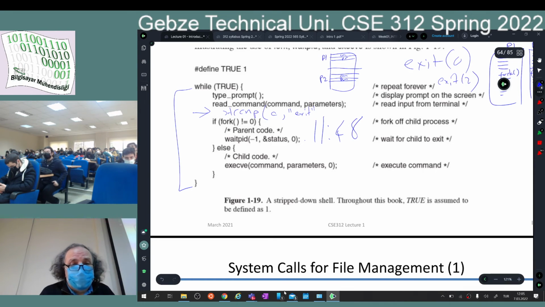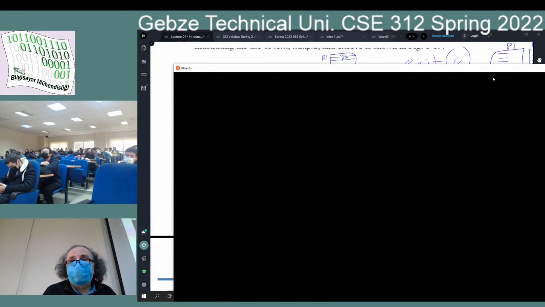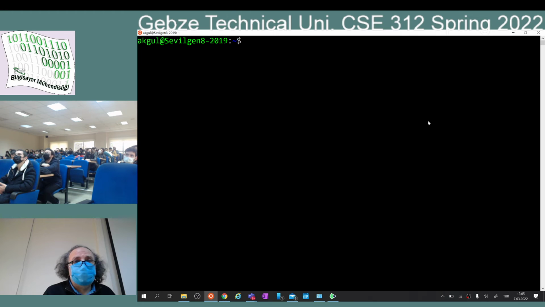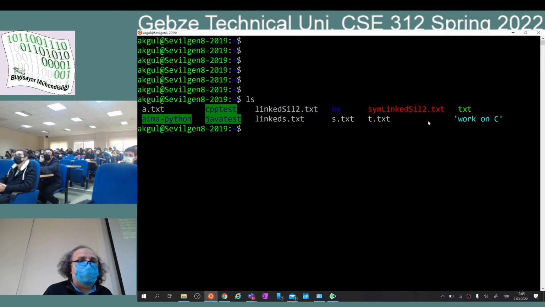You could say, for example, with the bash script, it is as simple as calling this. I can call bash with s.txt. That means run a bash shell on this source program s.txt.